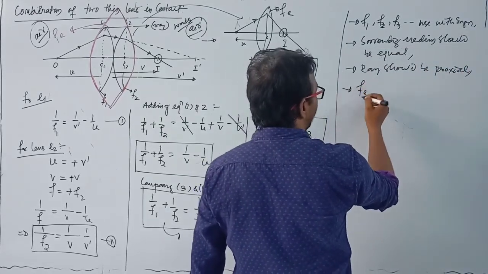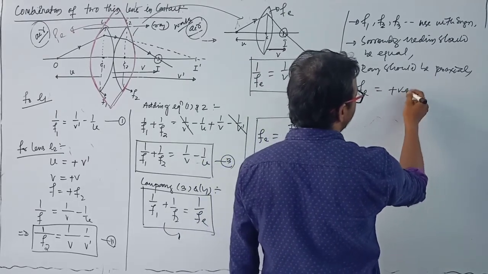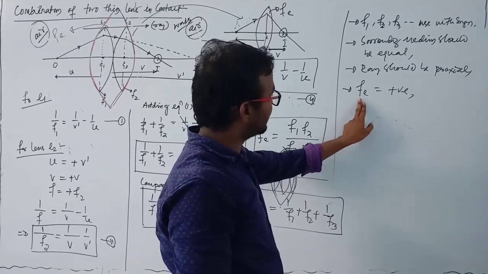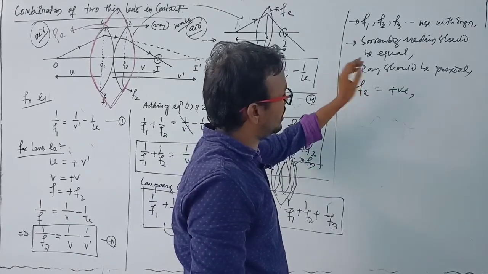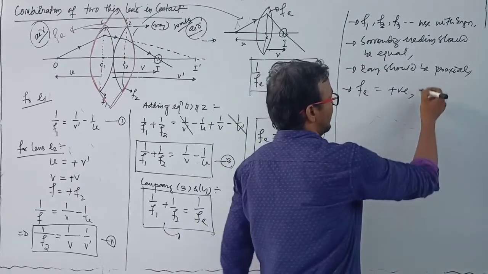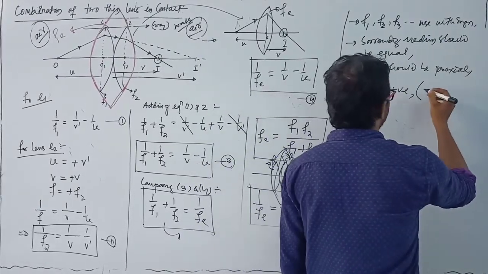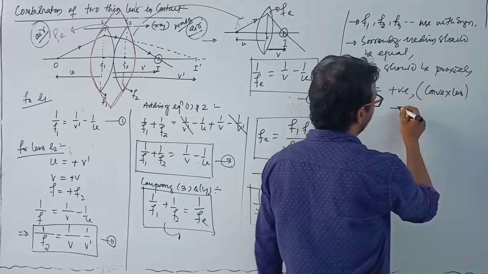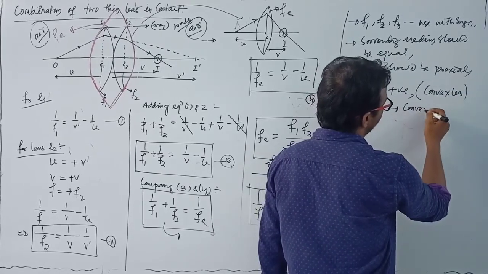Clear? Again, if Fe, the equivalent focal length of the combination, is positive, then it behaves as a convex lens with converging property.